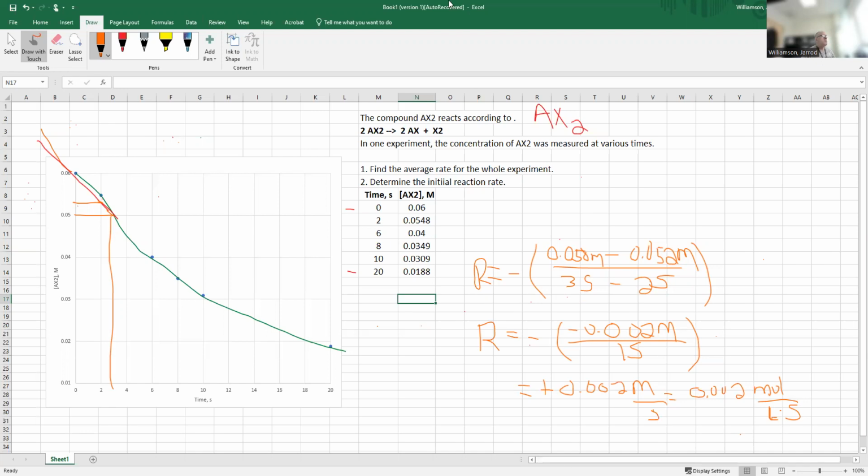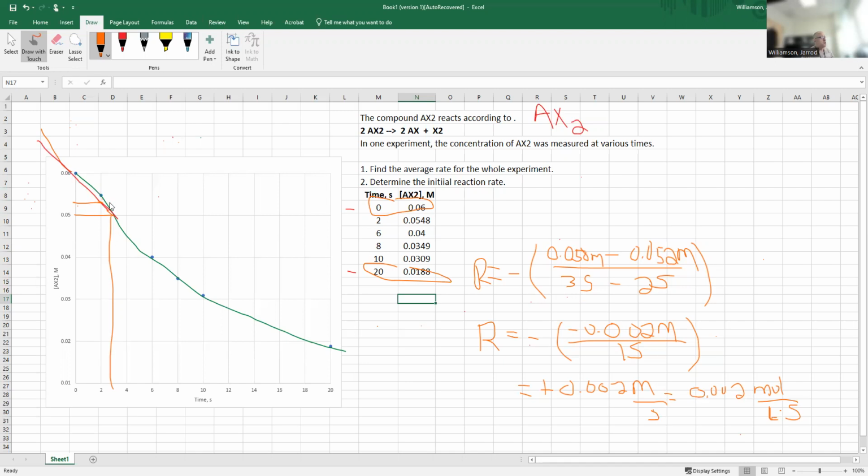Okay. So here I took this chemical reaction, said find the average rate. So all I did was just take these numbers. This was the initial. This was the final. And I used the numbers from the data itself. Right? And I found the average reaction rate. To get the initial reaction rate, I have to draw a tangent line at t equals 0.